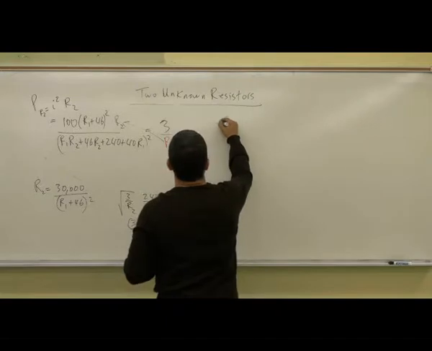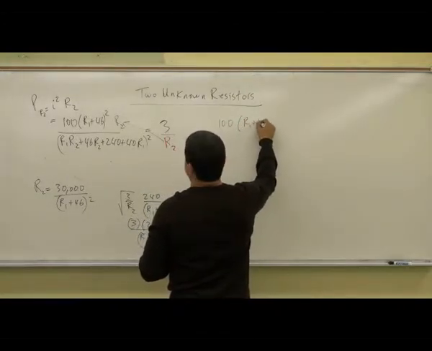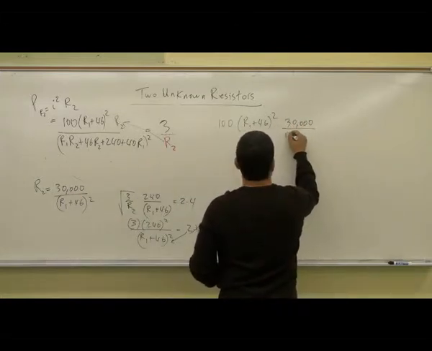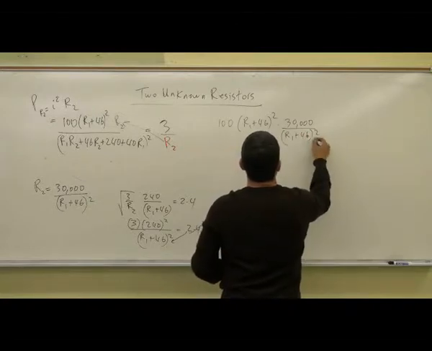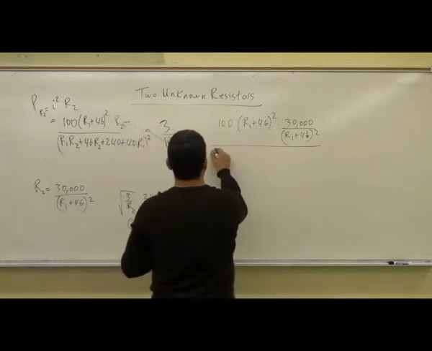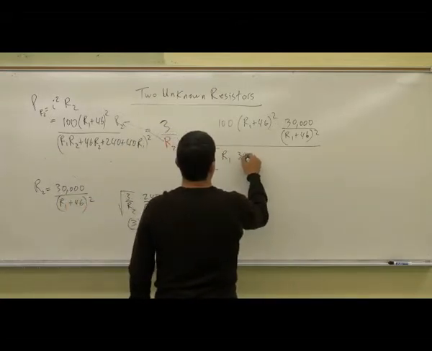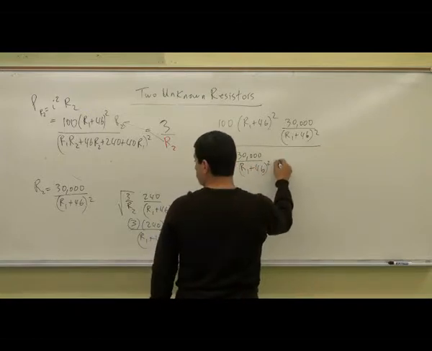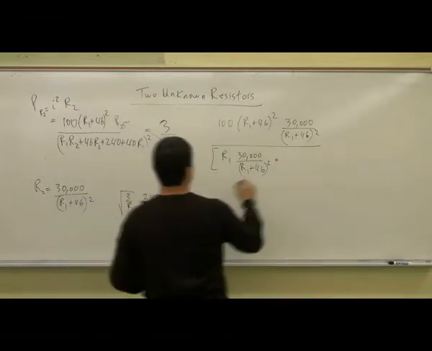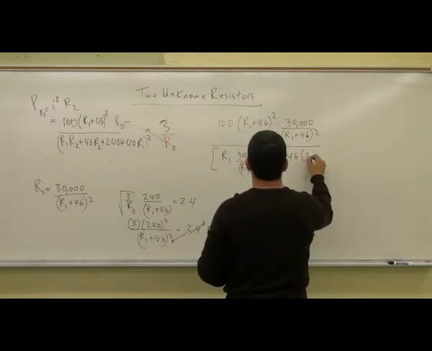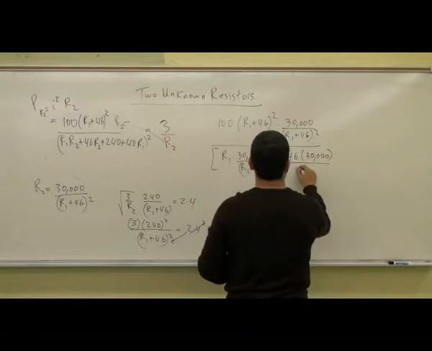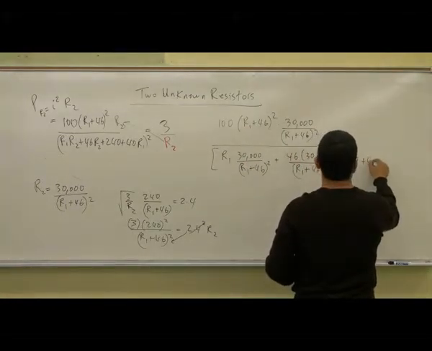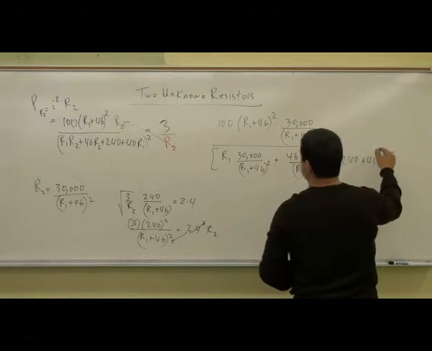So you're going to have here 100 R1 plus 46 squared times R2, which is 30,000 divided by R1 plus 46 squared, divided by R1 times R2, which is 30,000 over R1 plus 46 squared, plus 46 times R2, 30,000 over R1 plus 46 squared, plus 240, plus 40 R1 squared is equal to 3.